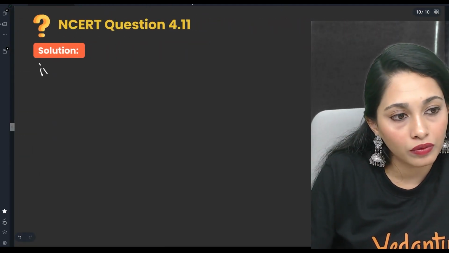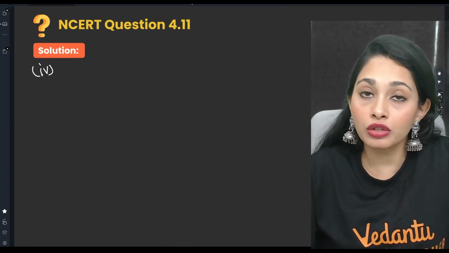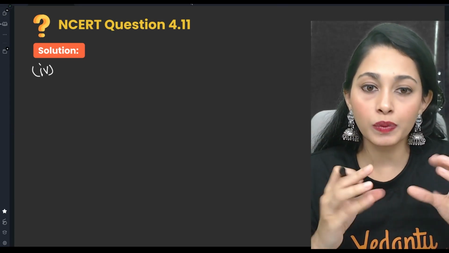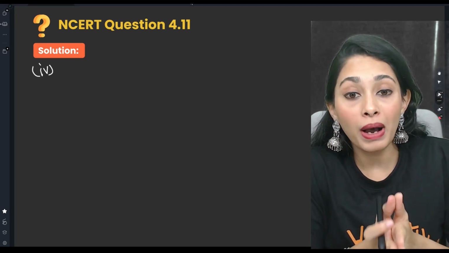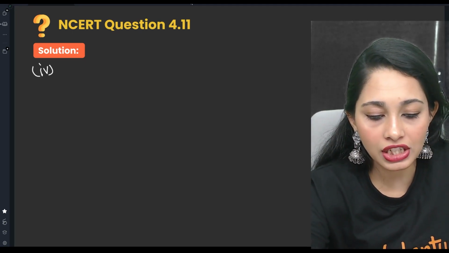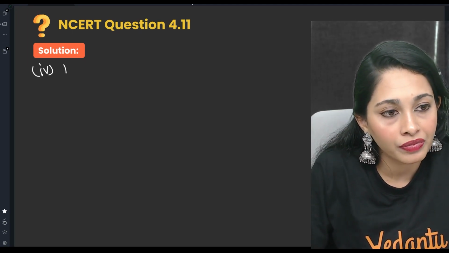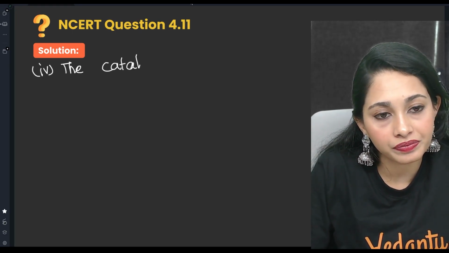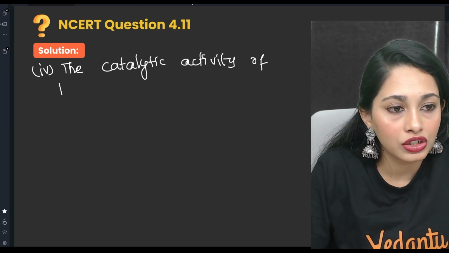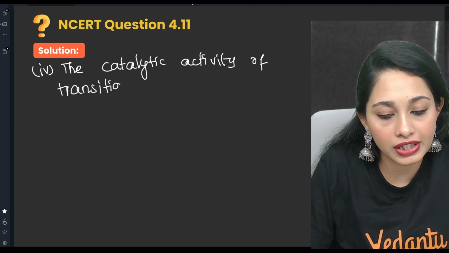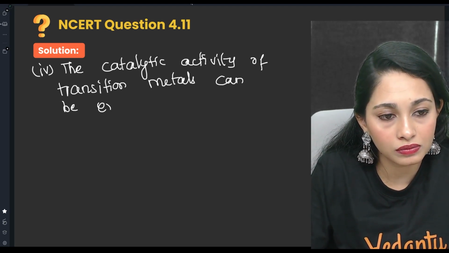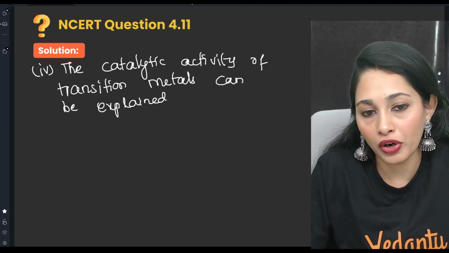Next, fourth statement was transition metals and their many compounds act as good catalysts. So catalysts are those substances which do not participate in the reaction, but they increase or decrease the rate of the reaction. The catalytic activity of transition metals can be explained by 2 points.